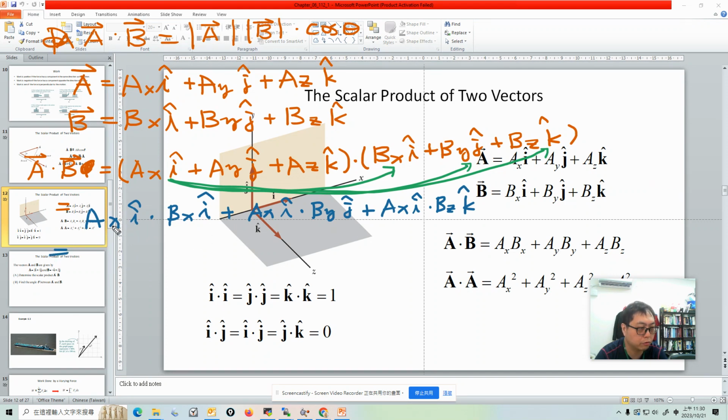When you do this dot product, you just multiply the components. Even if a component is a constant or a function, it doesn't matter.